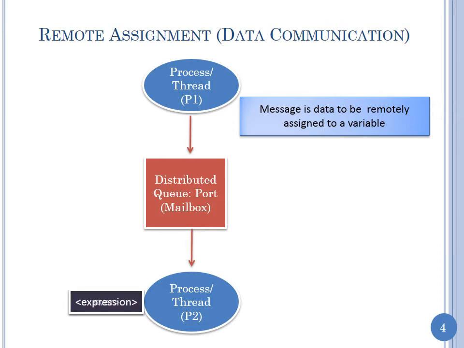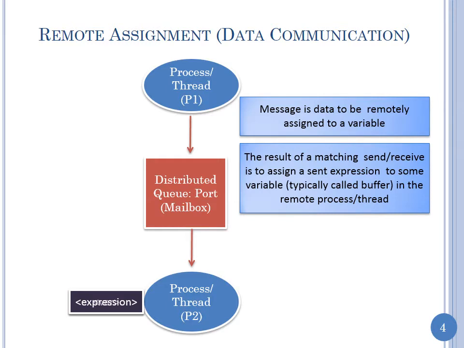That is the abstraction many IPC mechanisms provide: that you read a value into a buffer, a value that you sent from another end. So the result of a matching send and receive is to assign a sent expression to some variable, typically called buffer, in the remote process or thread. You can talk of this happening both between threads and between processes.